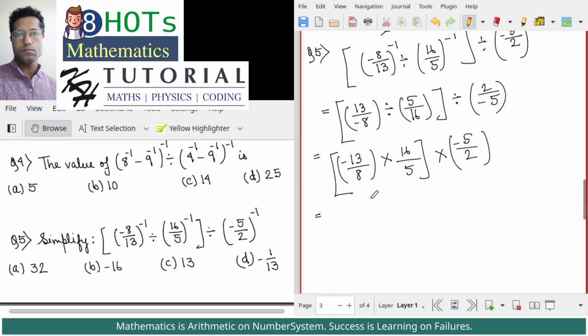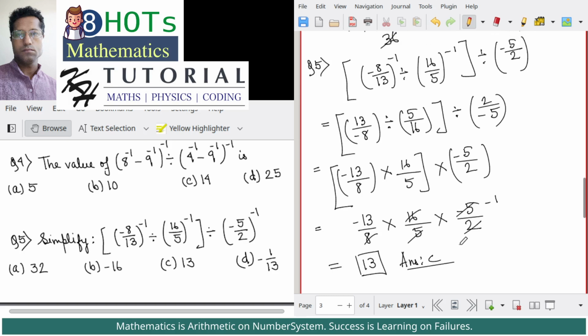So we can clearly write it as minus 13 by 8 multiplied by 16 by 5 multiplied by minus 5 by 2. As you can see, there are two negative numbers, and the negative sign will cancel out. Now if you do a little bit of simplification, this 16 will cancel with 8 and 2, 5 will cancel with this minus 5, it will be minus 1, and so this is minus 13 multiplied by minus 1, which is 13. So the correct choice is C.